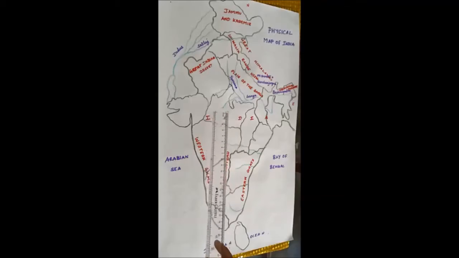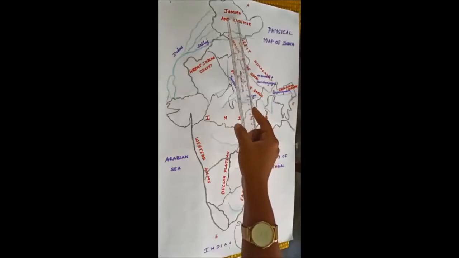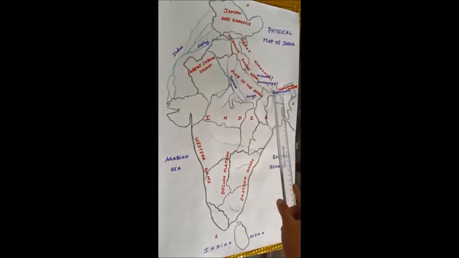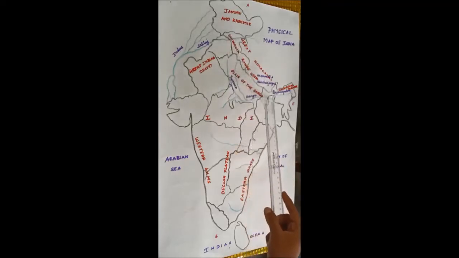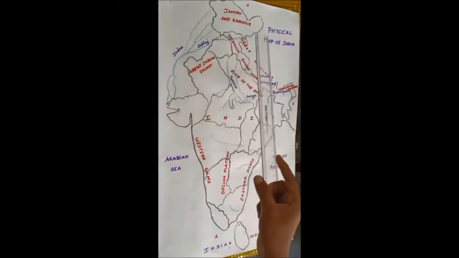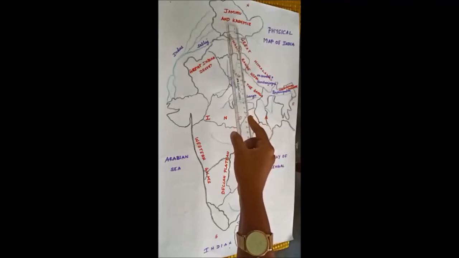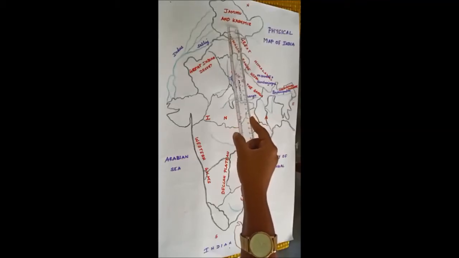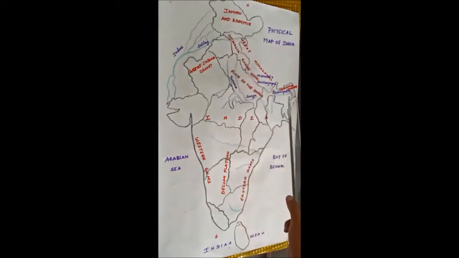What I said in this, India is bordered in the north side, which is fully Himalayas. It stretches from Jammu and Kashmir in the north to Arunachal Pradesh in the east, isn't it?